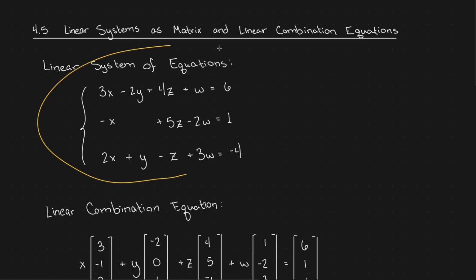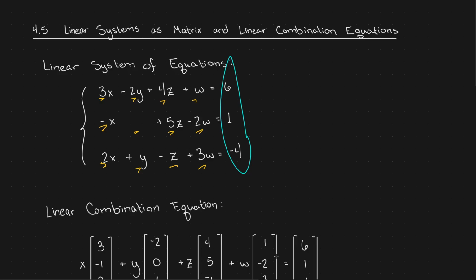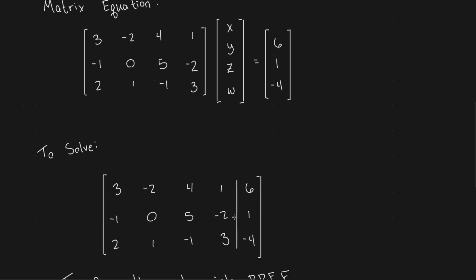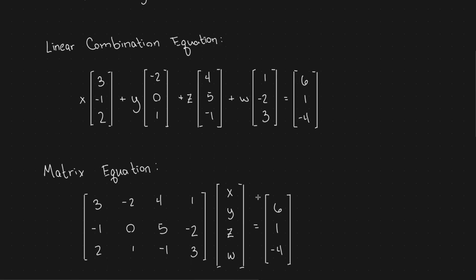So if we present it this way, we have our coefficient matrix, the numbers in front of the variables, and then the augmented part is the other side of the equal sign. Similarly for our linear combination equation, the columns that we are linearly combining are the columns of the coefficient matrix.